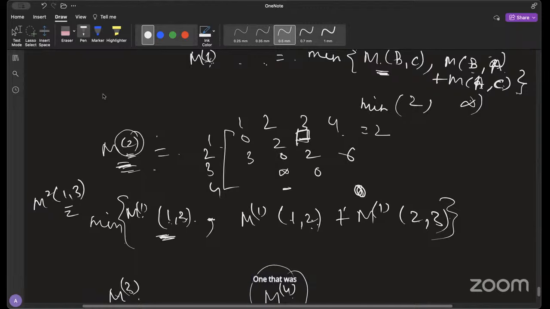Is it because it's the third mock, or will it be the same pattern as the interim? It's the same pattern for the interim also. I'm not sure, but if it's the mock for the end term, then it is going to be the same pattern, I guess. Okay, thank you.